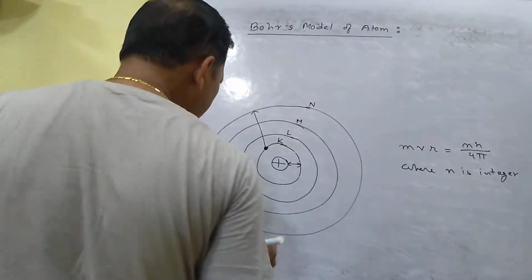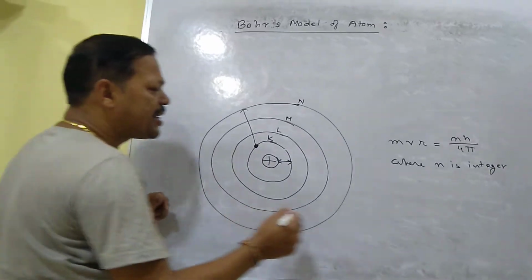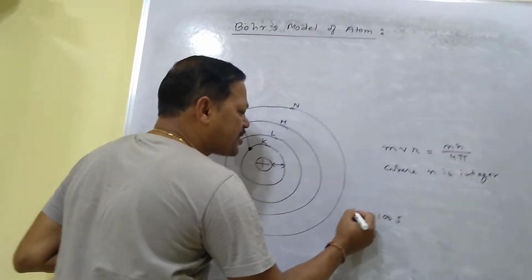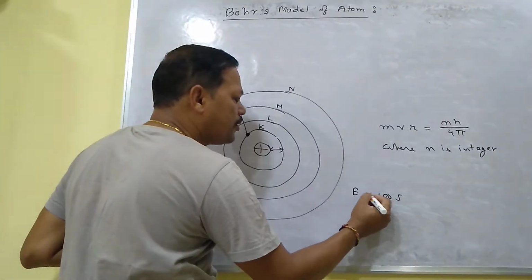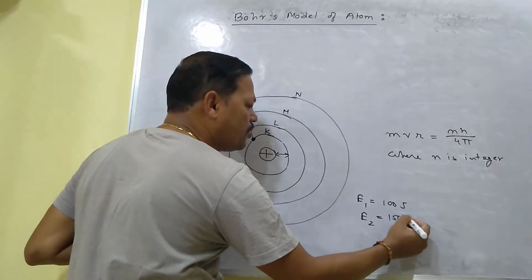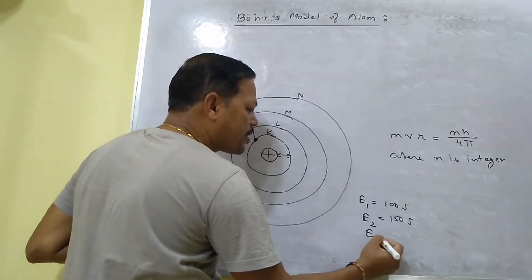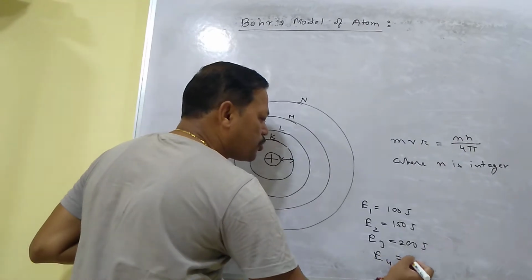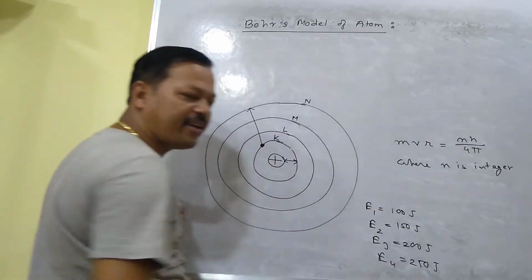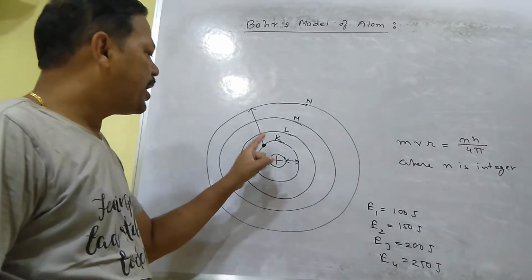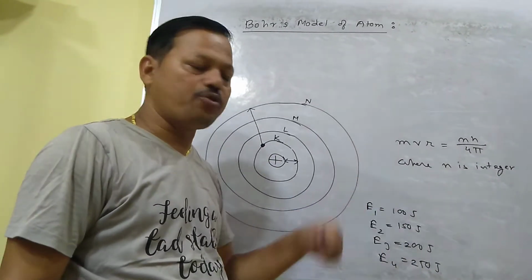So, suppose the first shell energy is 100 joule. This is the energy of the first shell, suppose E1. Energy of the second shell is suppose 150 joule. Energy of the third is suppose 200. Energy of the fourth shell suppose 250, like this the energies are given. When the electron is present in the first orbit, the energy of the electron will be 100 joule.